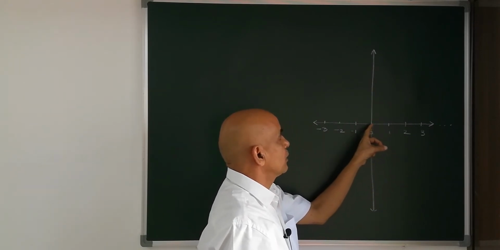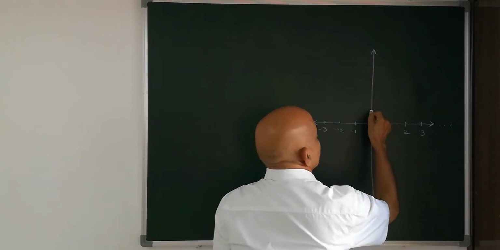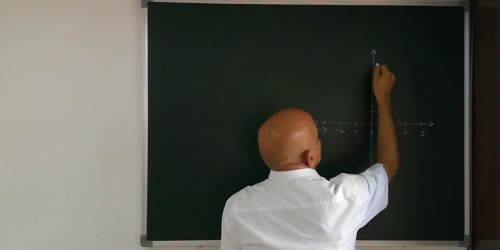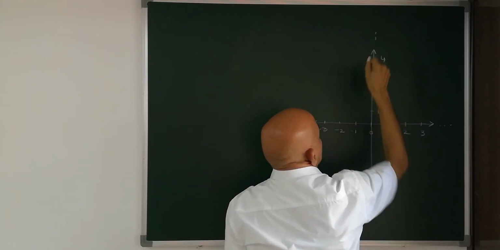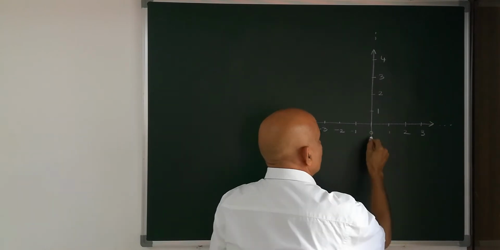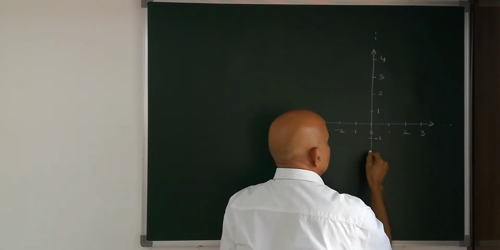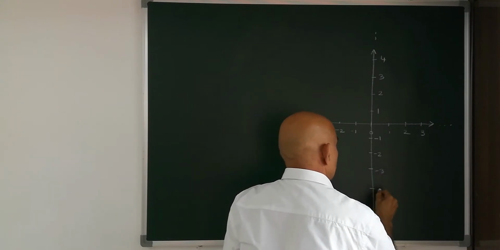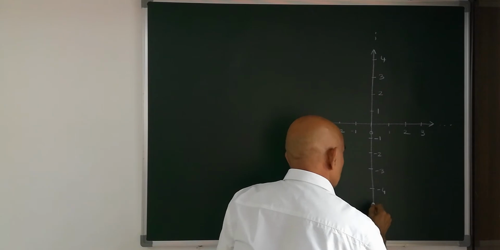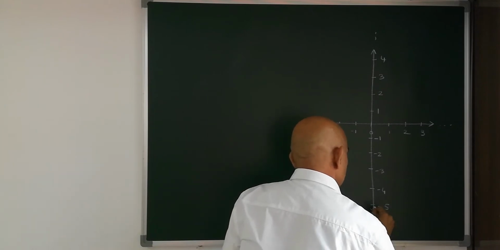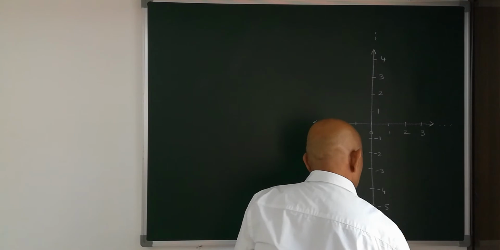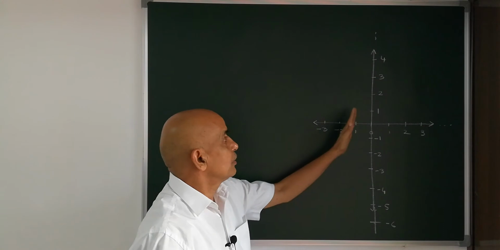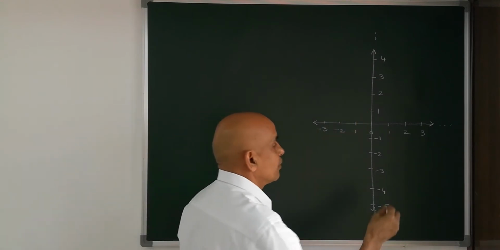Here all the numbers above 0 are identified as positive, and below 0 are identified as negative, -4 and so on, -5, -6 and so on. Now this we call a graph grid.